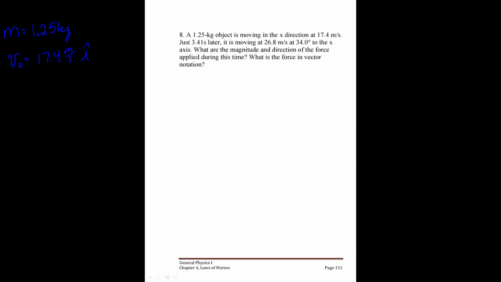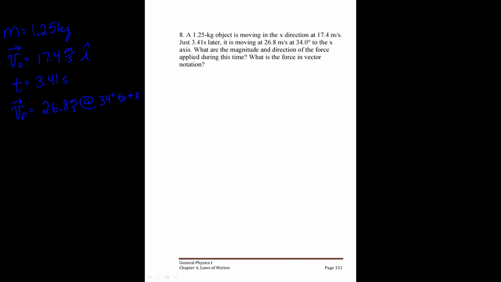I'm going to give it in vector notation, so that's in the I direction. 3.41 seconds later, it's moving with v final at 26.8 meters per second at 34 degrees to the x-axis.